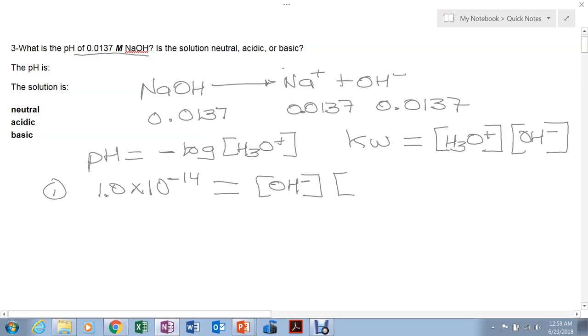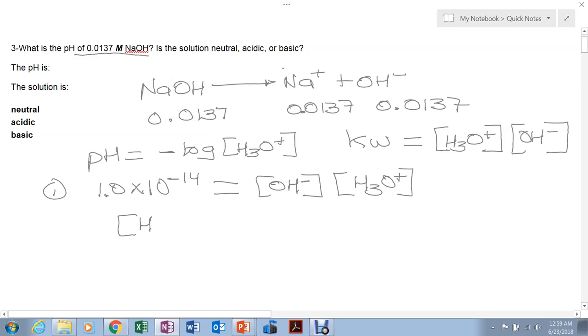That's always true for any aqueous solution. In this case, it's a basic solution, so the OH concentration is higher, but still you have hydronium from the water. So you can find out the concentration of H3O.